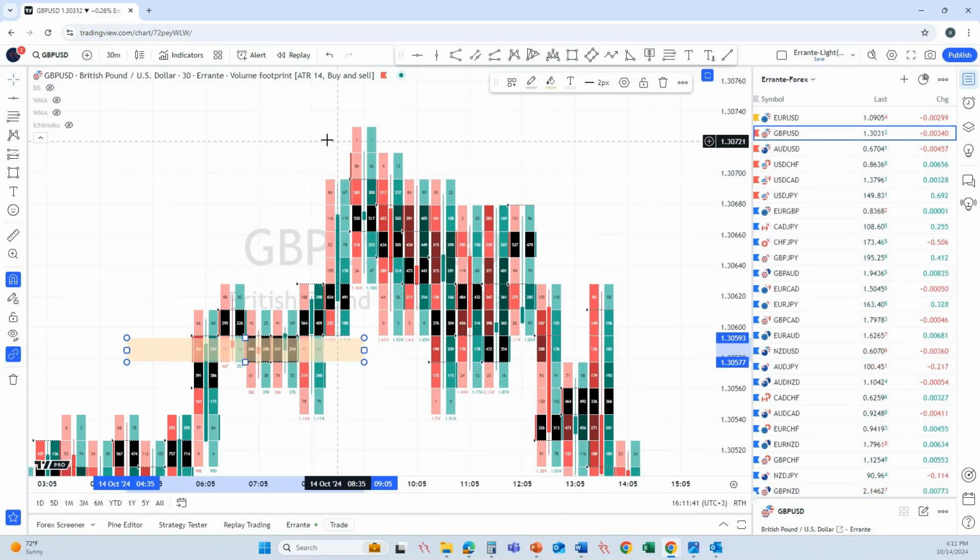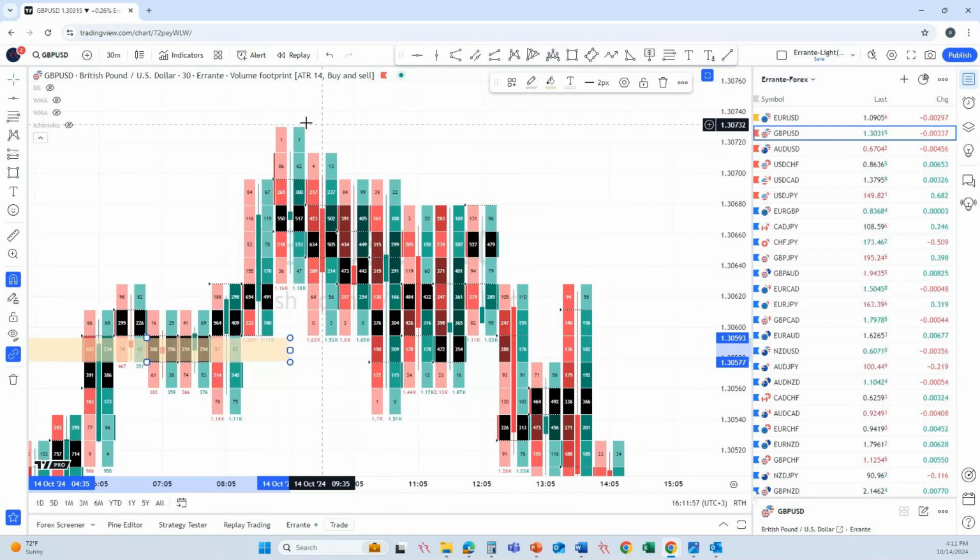For example, you see here we see some attempts toward this level, 1.30724, but eventually we see the market couldn't conquer this level again, and then we have this downward bearish candlesticks followed by a higher volume on the downside. So this is a way we can spot reversals with volume footprint.